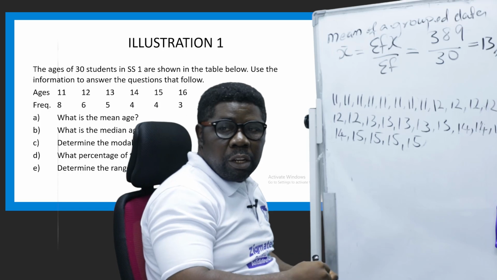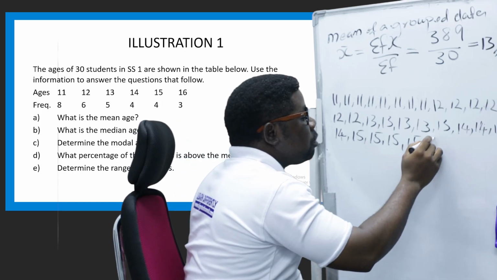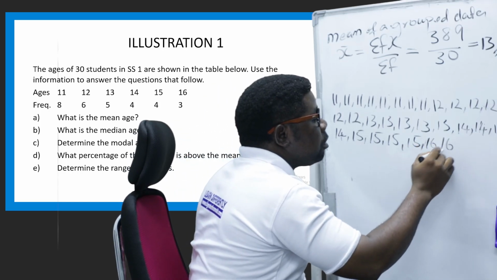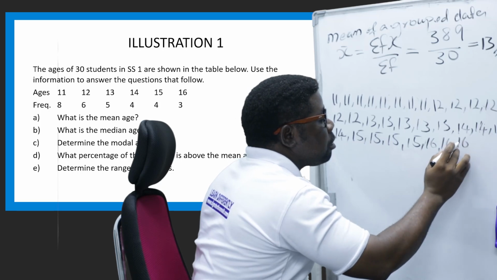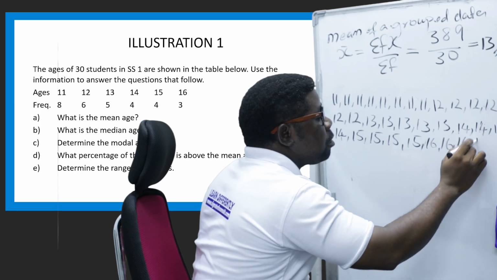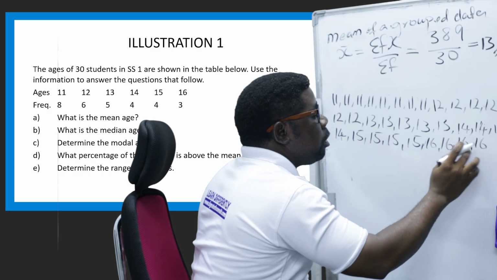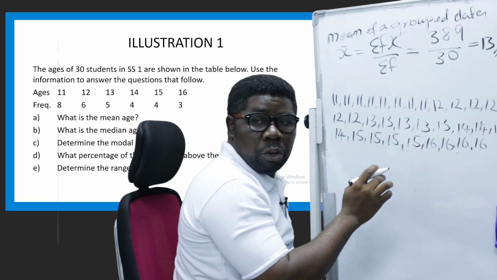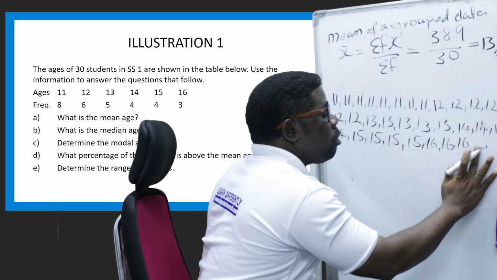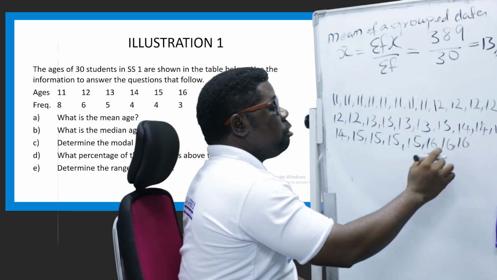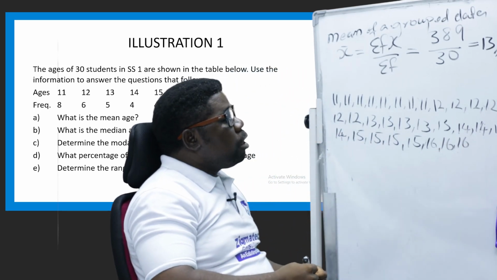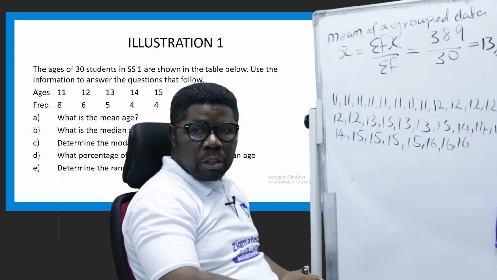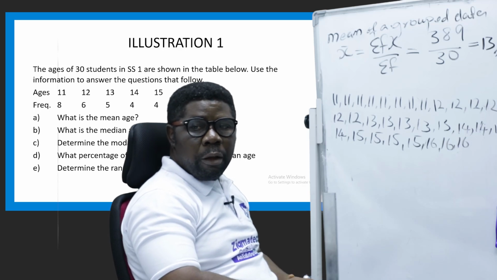Then 16 in 3 places: 16, 16, 16. Sorry, 3 places, so this is off. So this will give us 30 students in all. So how do we get a median here?